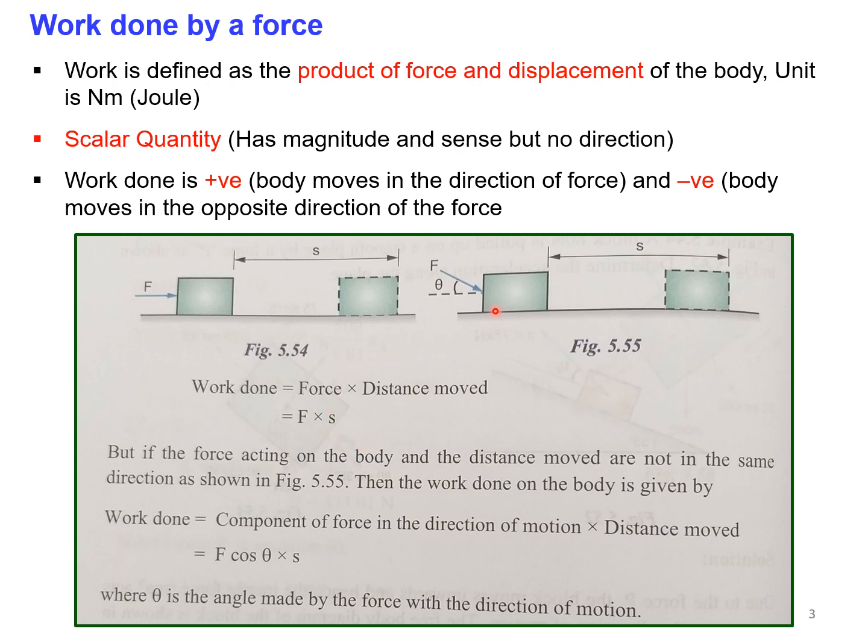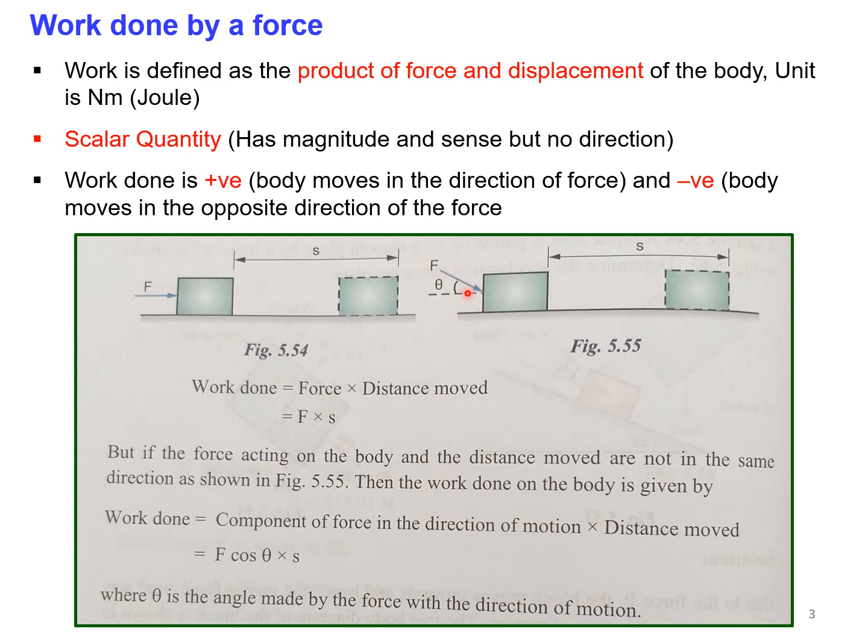If you take the second case, where you have an inclined force acting at an angle of theta with respect to the horizontal, the body is not going to move in the inclined direction, but again it moves in the horizontal direction. It is moved by distance S. In order to calculate the work done, you have to find the magnitude of the force in the direction of the motion of the body.